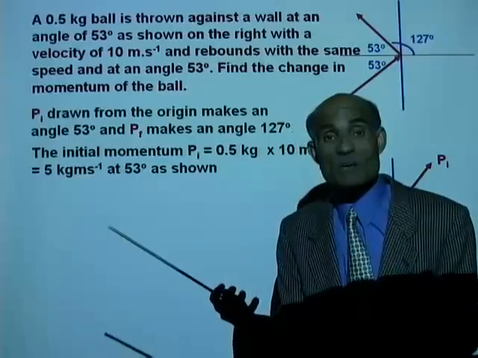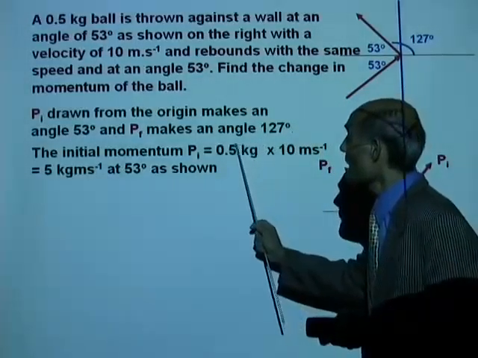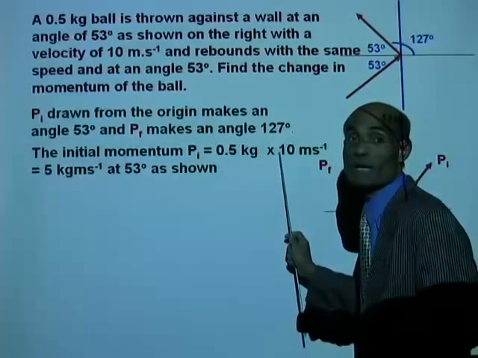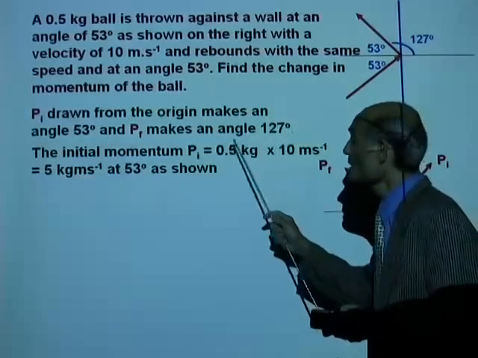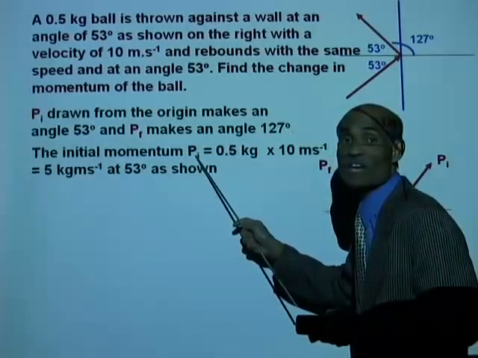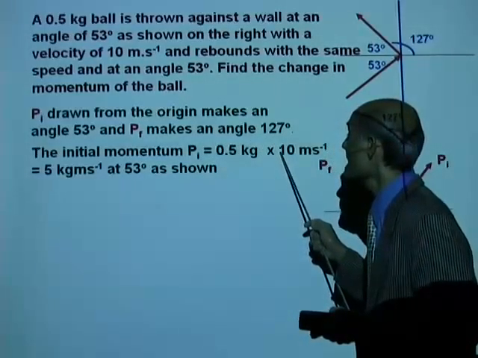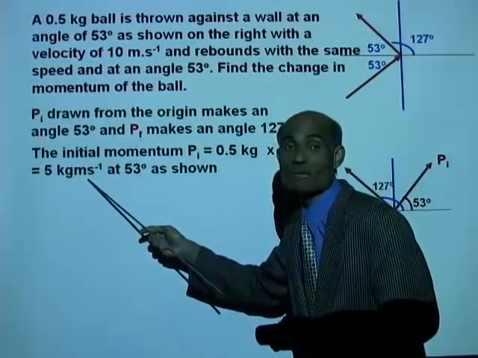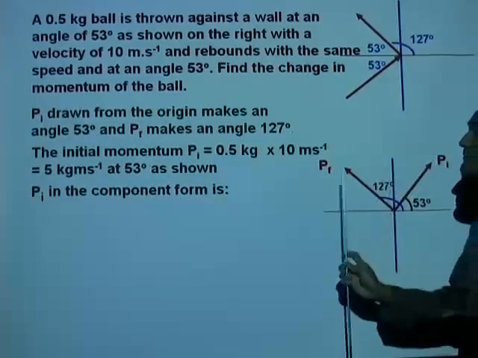Remember, momentum is mass multiplied by velocity. The mass of the ball is 0.5 kilogram. Its initial velocity is 10 meters per second. So PI, the initial momentum, is 0.5 kilogram times 10 meters per second. That is 5 kilogram meter per second at 53 degrees.